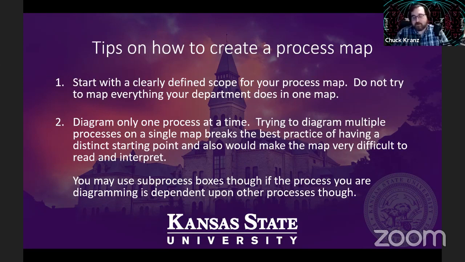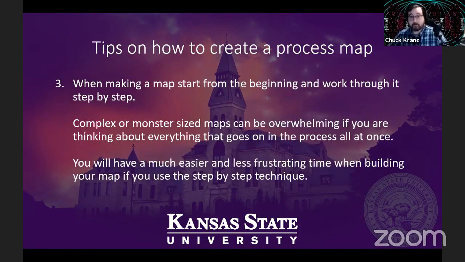Going through this, you will have times where the process you're working on needs to reference another process. That's when you would use something called a sub-process box, and we'll go over that later. So start with a clearly defined scope, and work on one process at a time for simplicity's sake, to make sure you're creating a map that you can actually use and get useful information out of.